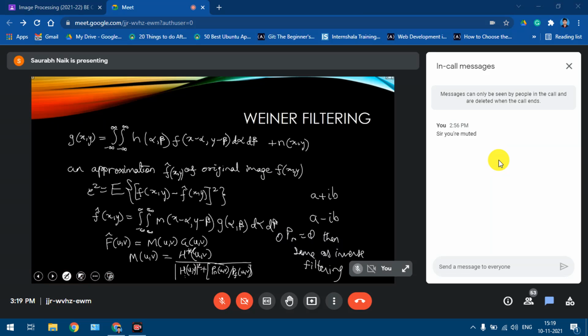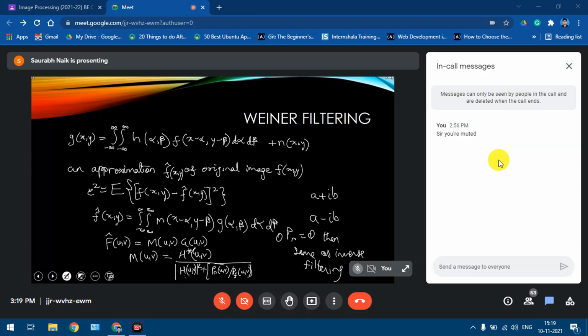I'll add the images regarding the error removal part with Wiener filtering and with inverse filtering.